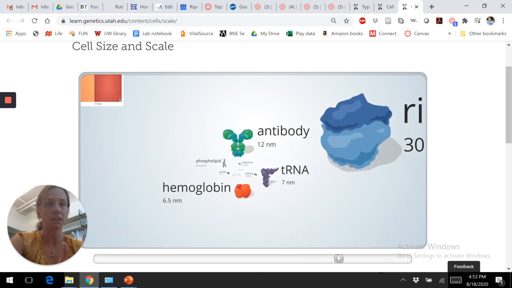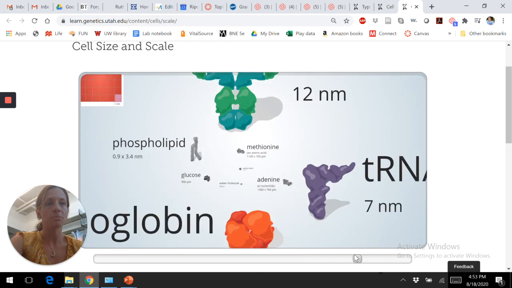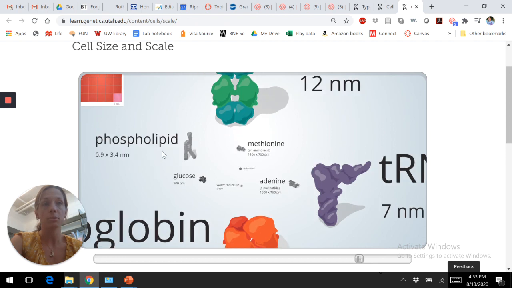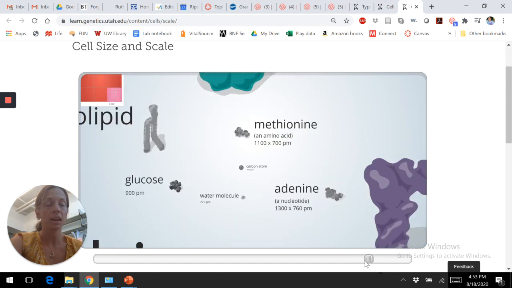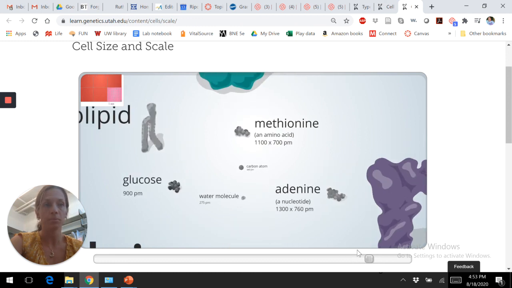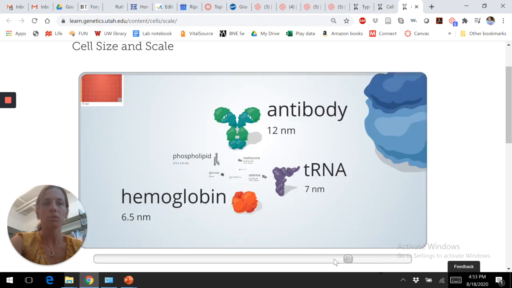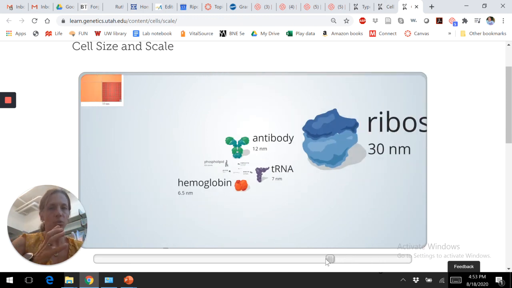So we're at the protein level now. And then we've got some other biomolecules, phospholipids, an amino acid, a nucleotide, glucose, a 6-carbon molecule, and then a single carbon atom. So this is kind of good to get yourself in the mind of where you are in terms of these molecular things.